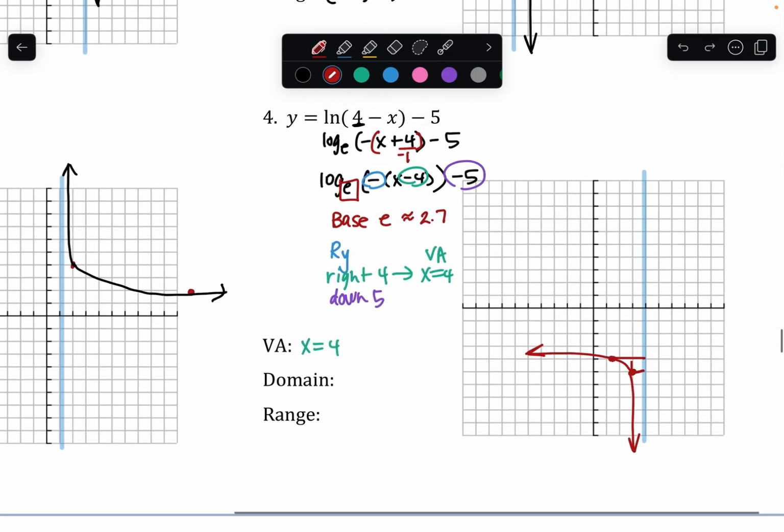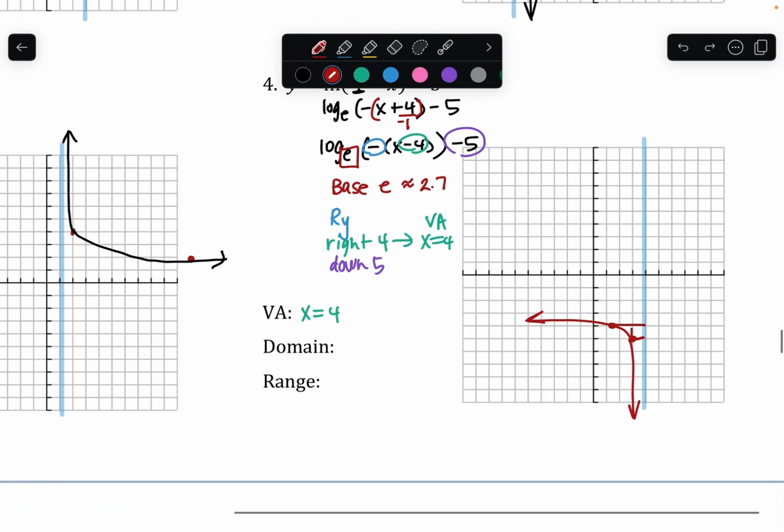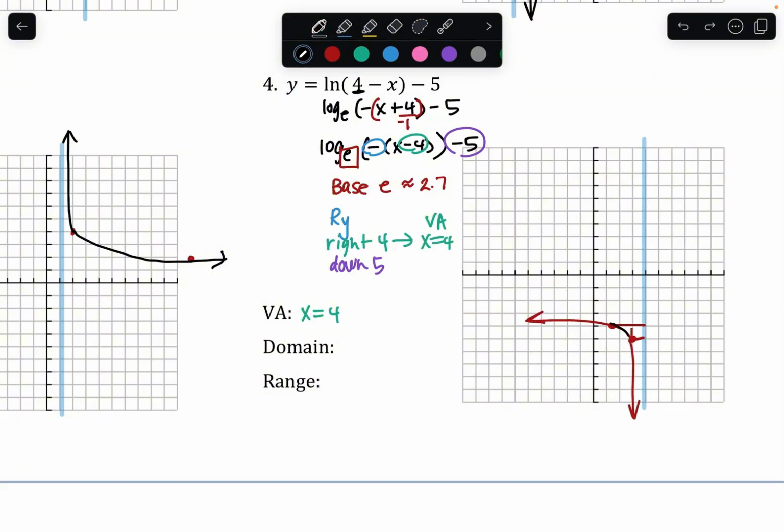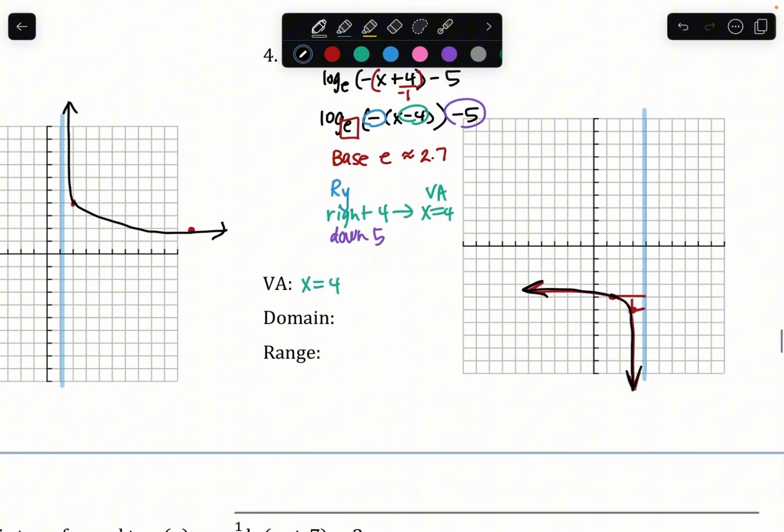Here we just had a reflection across the y-axis, so the tail of this function should still be going down towards the asymptote, but now it's facing left. And so our domain this time is to the left of the asymptote, so negative infinity to 4, and then range is still all real numbers. This function goes up forever and down forever.